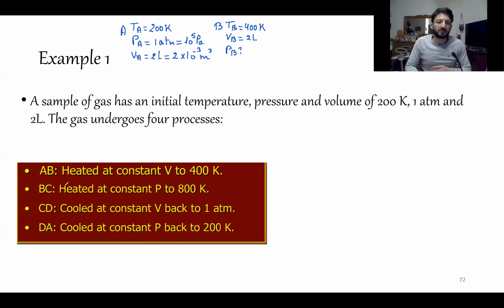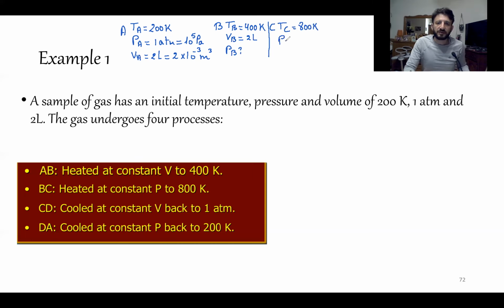Now we go from the point B to the point C, also heated at a constant P. So we have isobaric. We have P constant, so PC equals PB. We can say here TC equals 800 Kelvin.